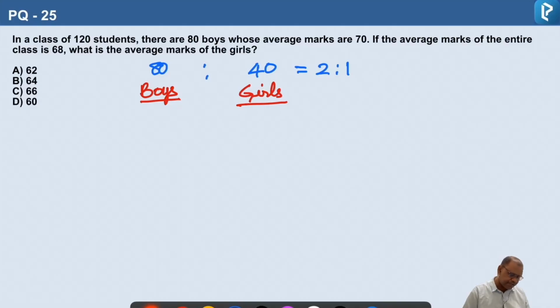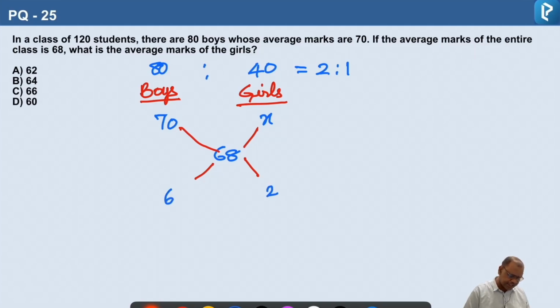And the average marks of the boys is 70. Average marks of the girls, we don't know, assume it as X. And average marks of the entire class is 68. Now use alligation, find the difference. This is 70 minus 68, it is 2.